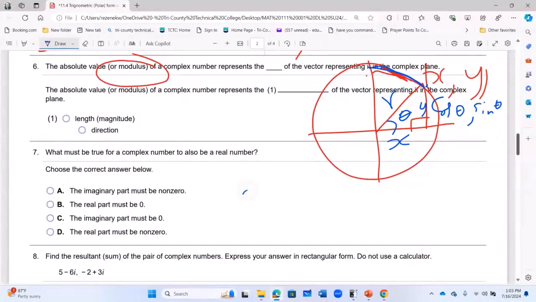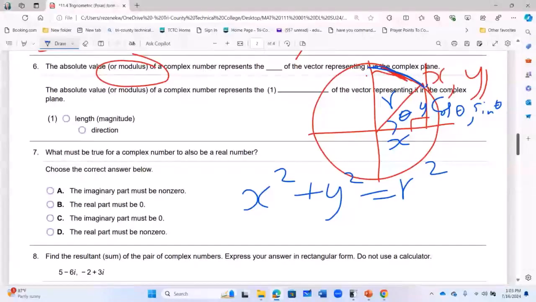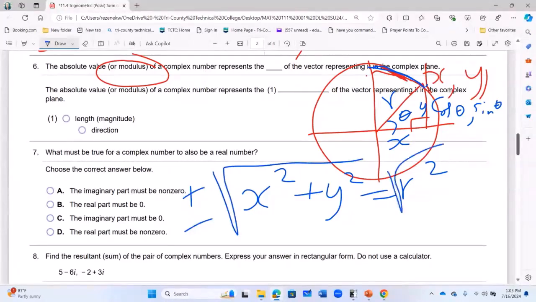Remember that x squared plus y squared is equal to r squared. This is the equation of a circle with radius of r. But if I'm looking for r, then I find the square root of both sides. Then I have plus or minus the square root of this, so square root and square cancel.